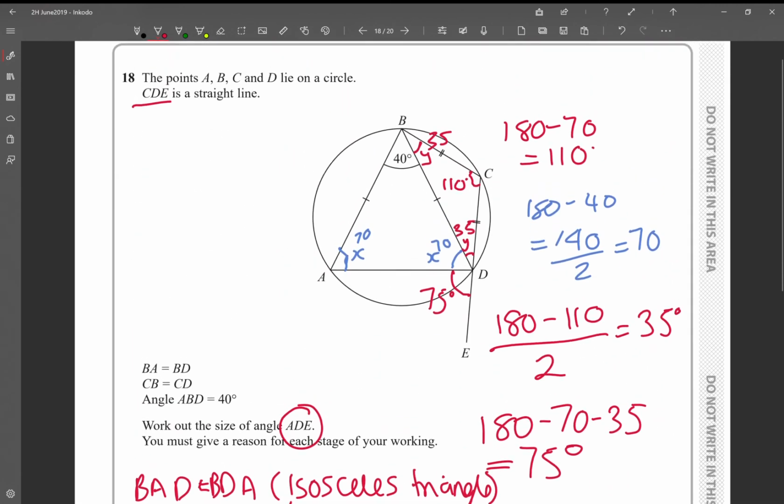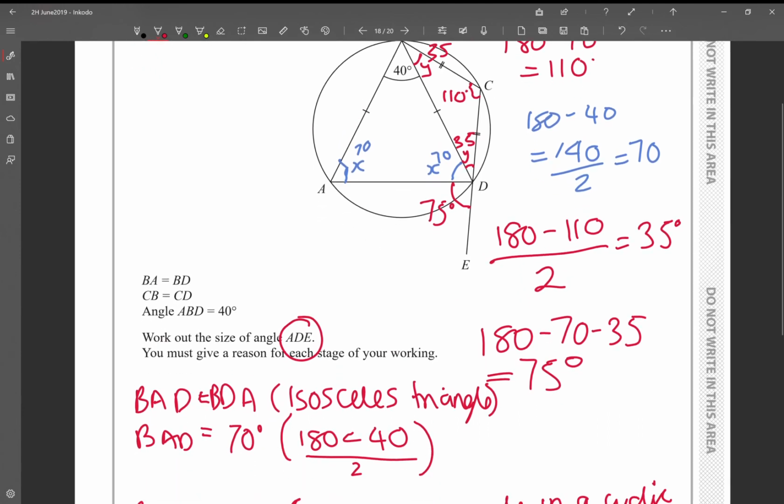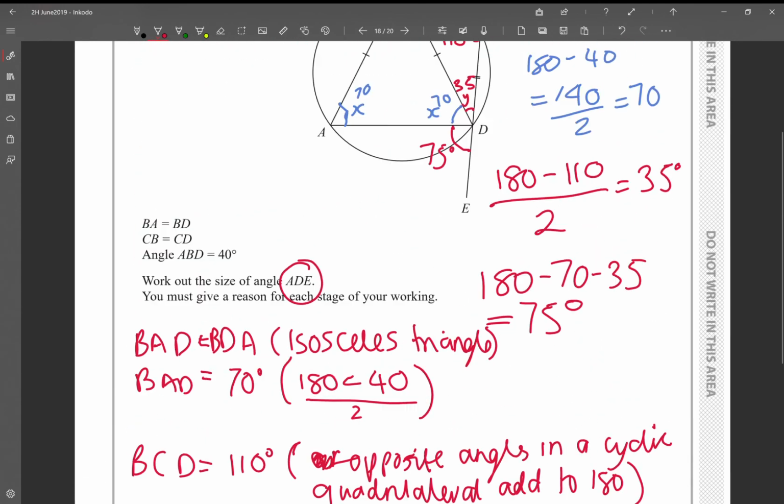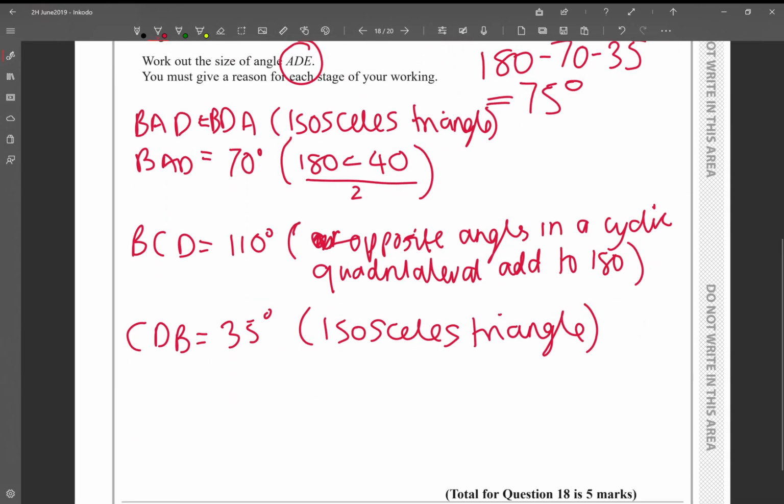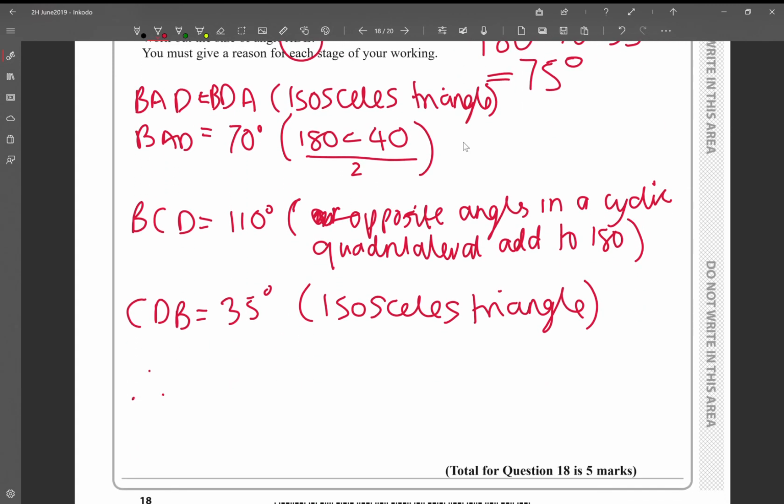And so, sorry, not CDE, ADE is the one we want. And so that's the one you want. Therefore, ADE equals 75 degrees because of angles on a straight line.